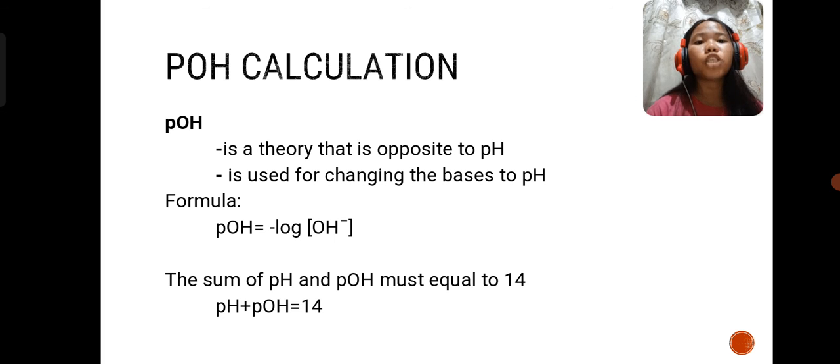The formula is pOH equals negative logarithm OH negative, since it is the hydroxide ions. Additional info: the sum of pH and pOH must equal 14. So pH plus pOH equals 14.